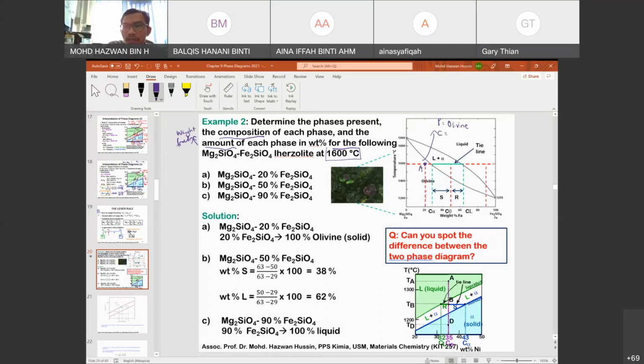This is actually one phase. So the second rule in the lever rule says that if you have one phase, then the composition will be equal to the initial composition. So over here, C alpha is equal to 20% iron silicate.